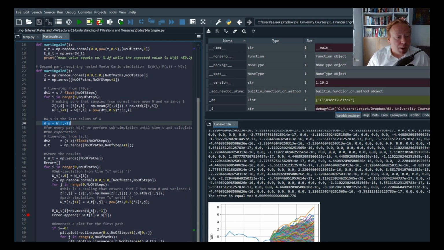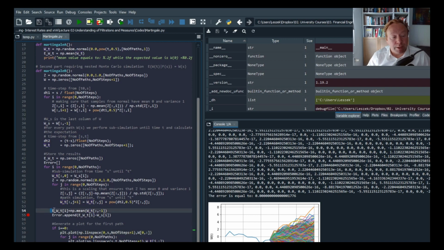So this is this part here. We take the number of paths and assign, for the vector WT, the initial value from the paths of WS. WS is just a vector taken as the last column from the Brownian motion simulated until time s. Then we simulate Brownian motion given that initial point, and this is the iteration where we build up Brownian motion given the initial value determined at time s.